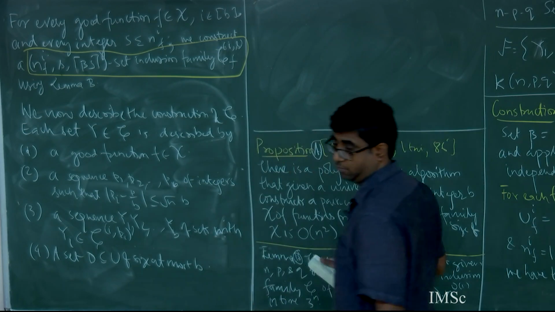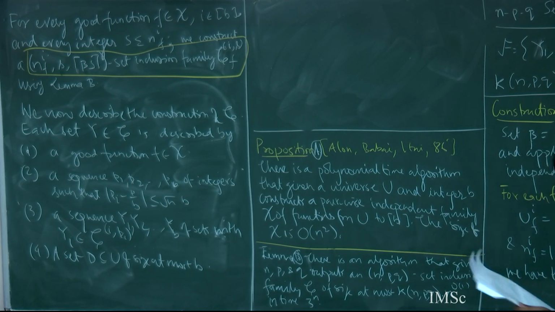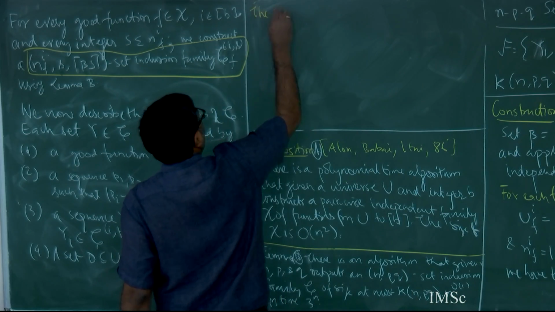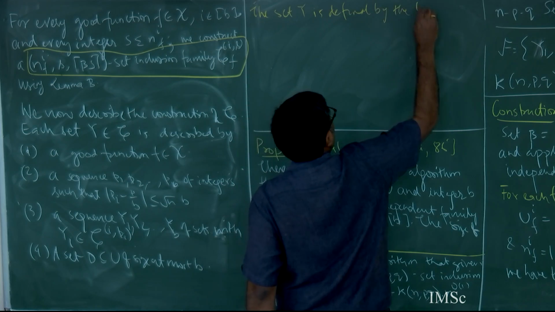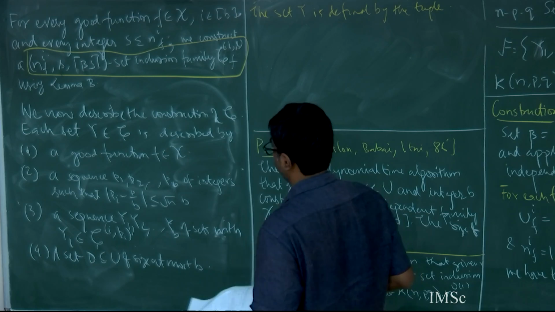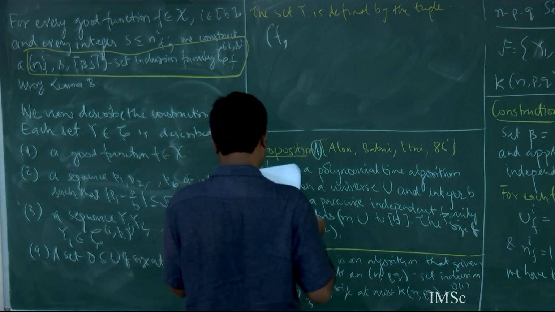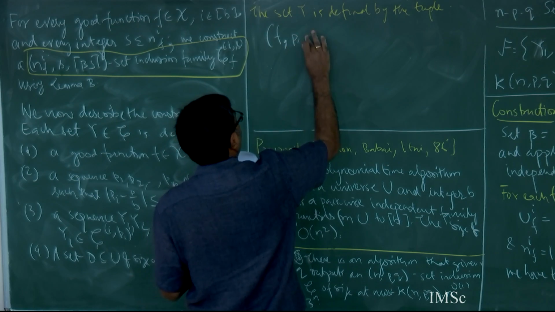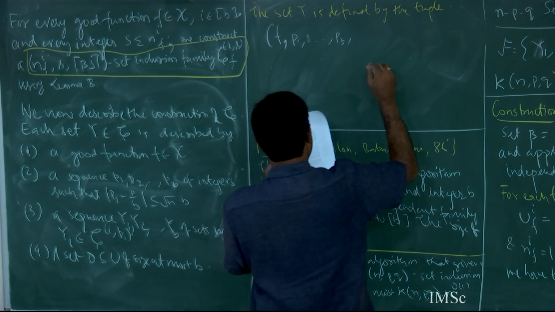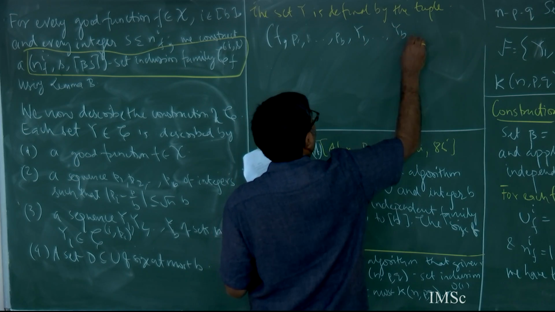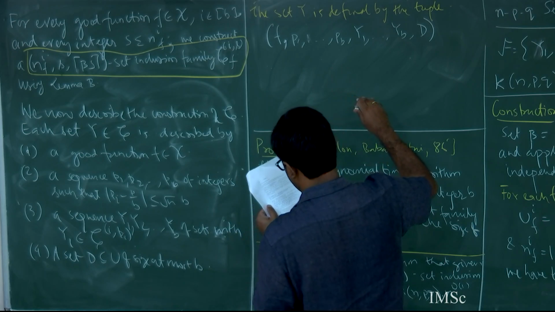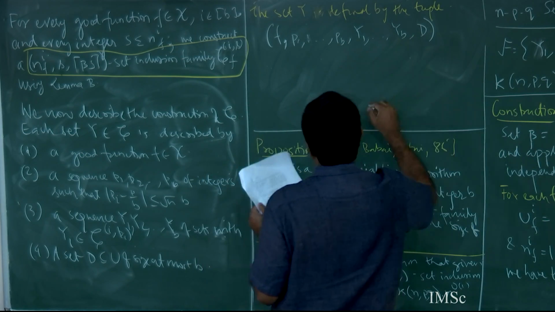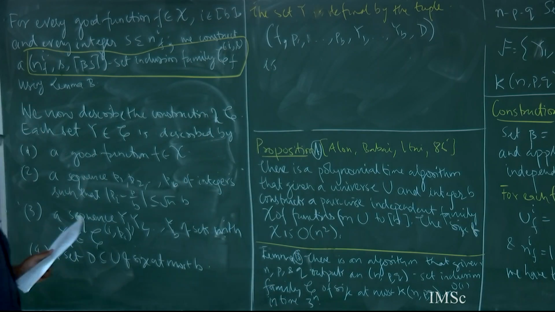But I have not told you how I am going to define Y. The set Y is defined by the tuple: f, p1 to pb, y1 to yb, and a set D. What should this Y be, given by this tuple?